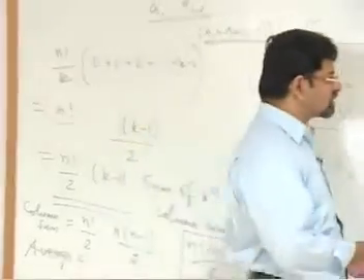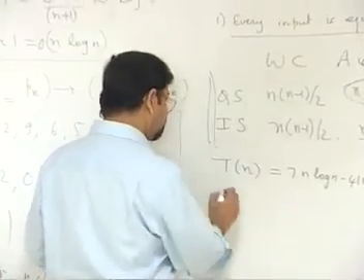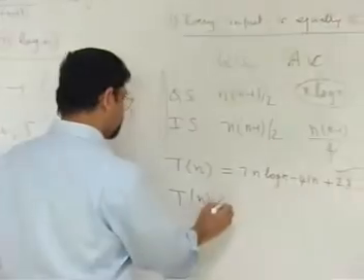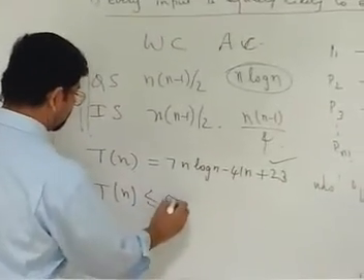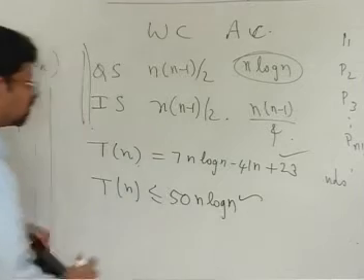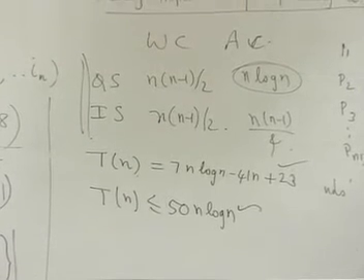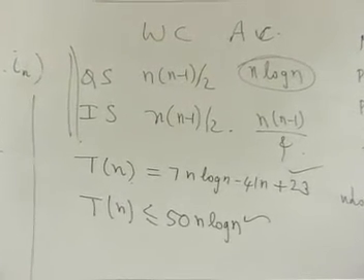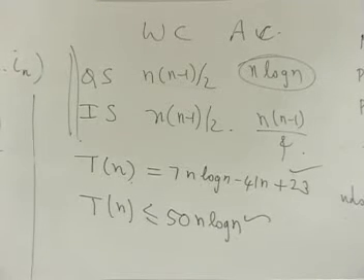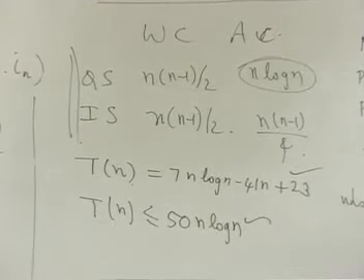So what I would do is, if it is easier for me to show T of n is less than or equal to 50 n log n, and if I could do so easily, then I will quickly do that, and I know that it is less than or equal to 50 n log n, therefore I am happy about it. Okay, I have some idea on T of n.